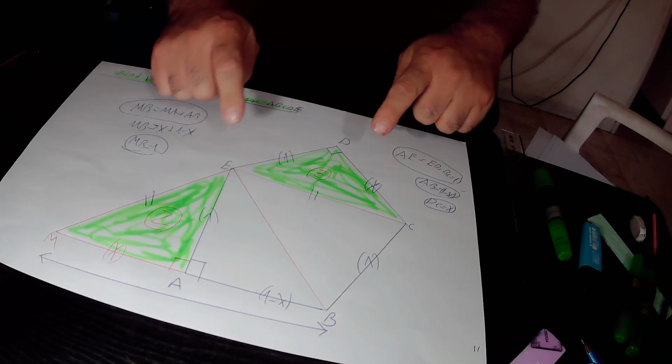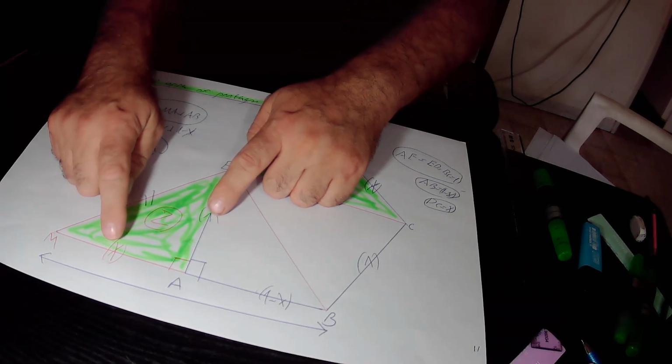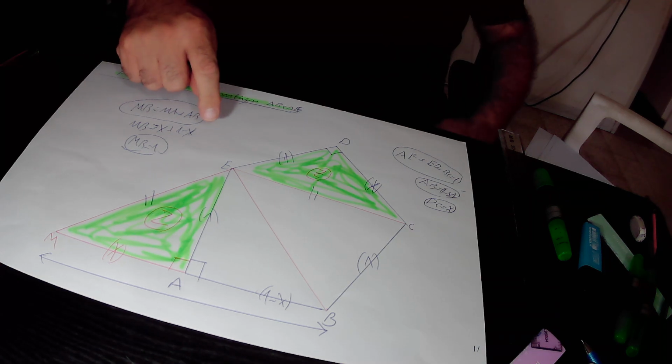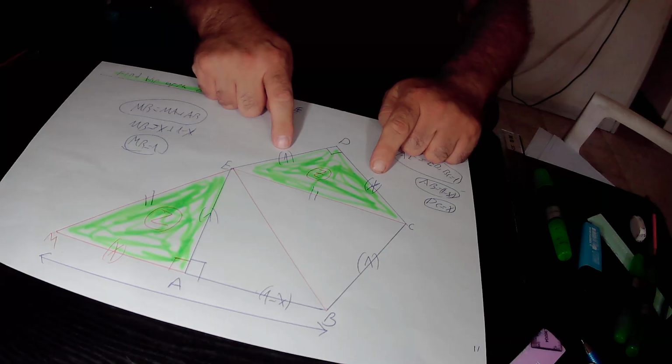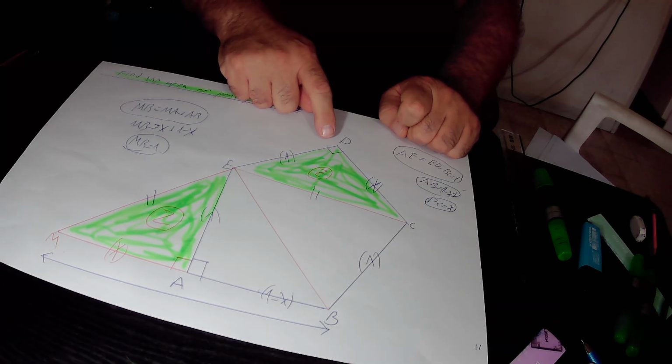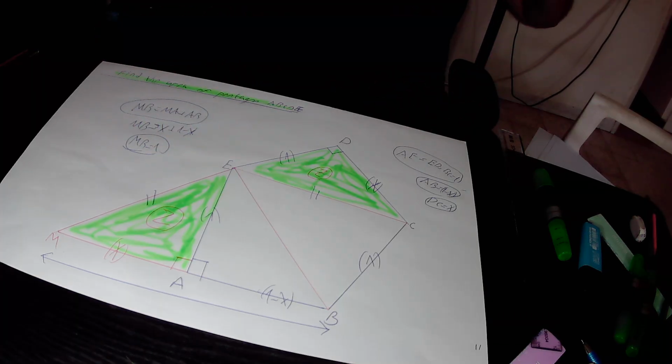And therefore, those two right triangles can go into each other according to the side-angle-side rule.